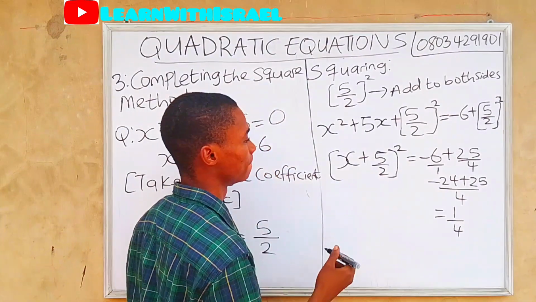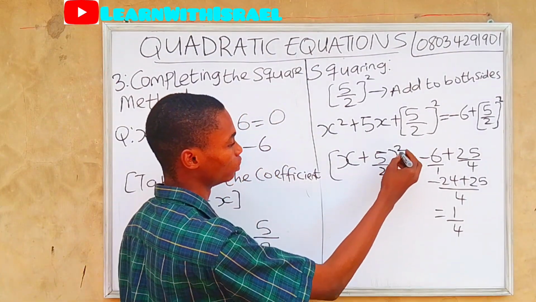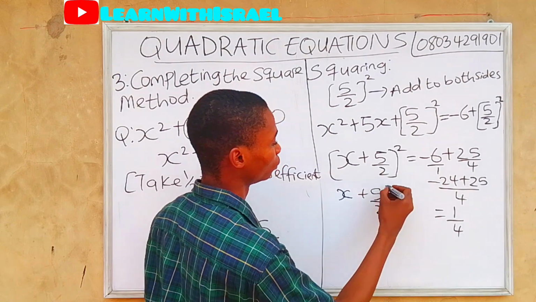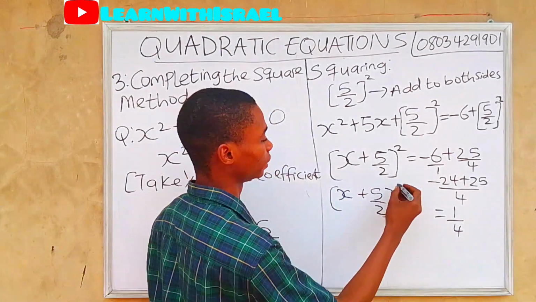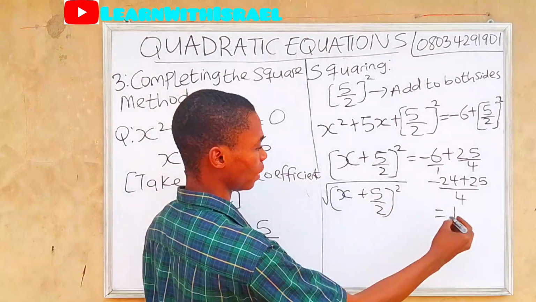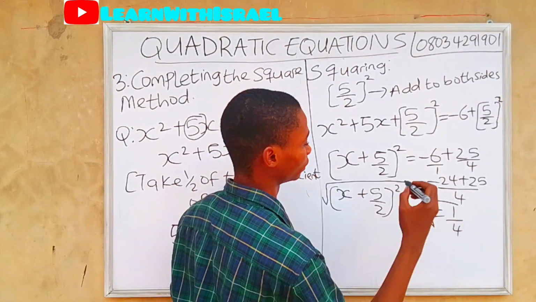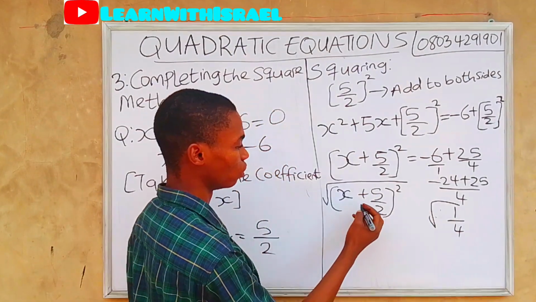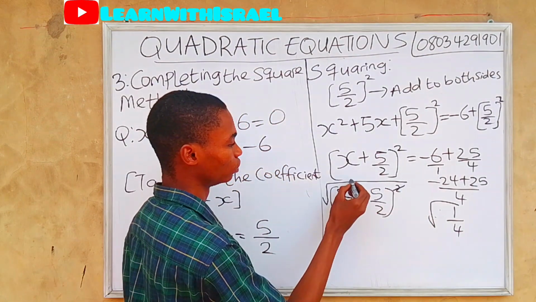Back to here. Let's square root x plus 5 all over 2, open bracket, close bracket, squared. The square root cancels this square. So we are also going to square root this. So the square cancels the square root.